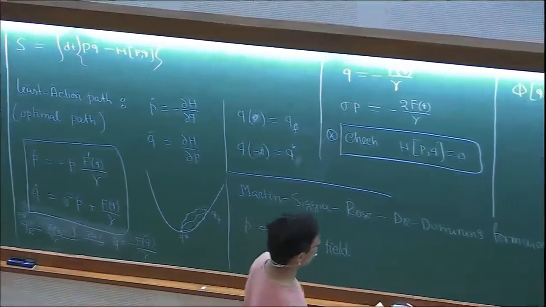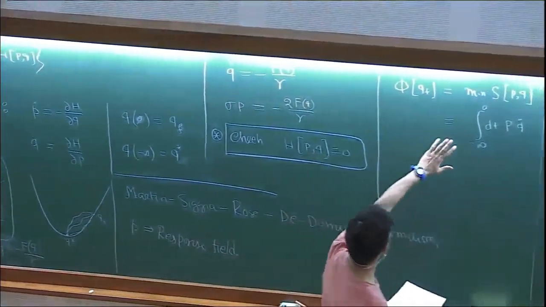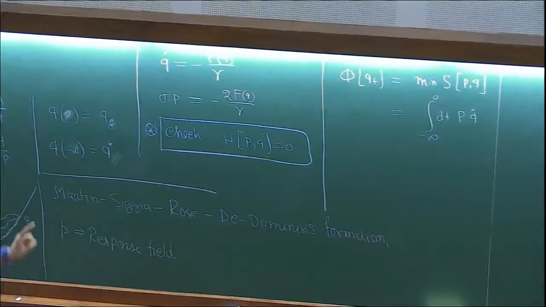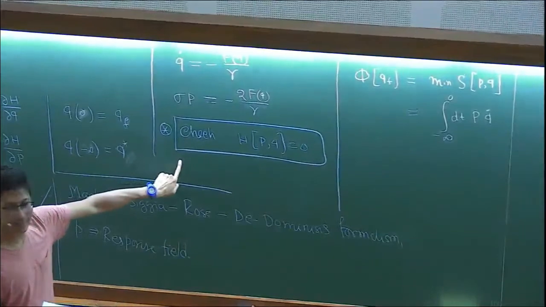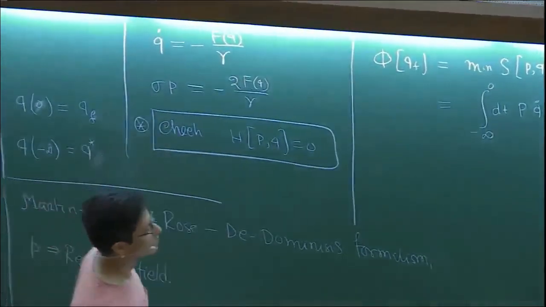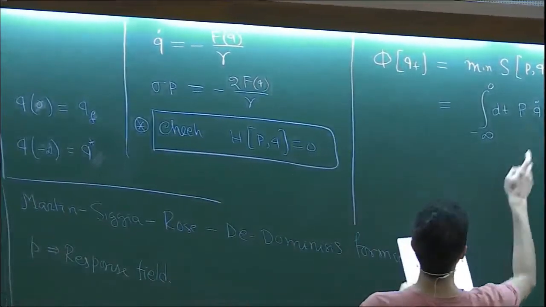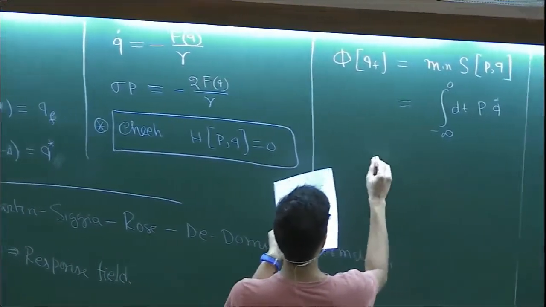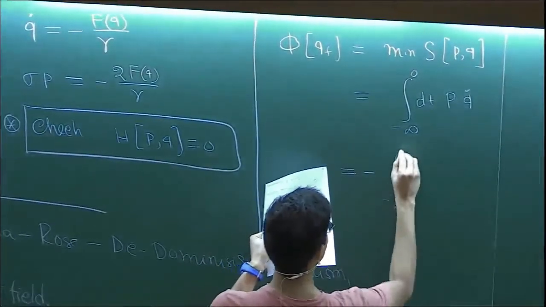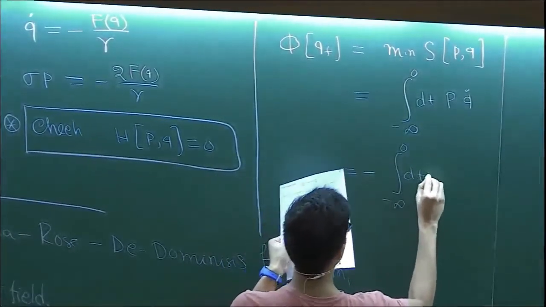Okay, so now you just see this part, the action, was PQ dot minus H. And I told you, you can check that the H is 0 by simply substituting these results. So this now becomes minus infinity to 0 dt.